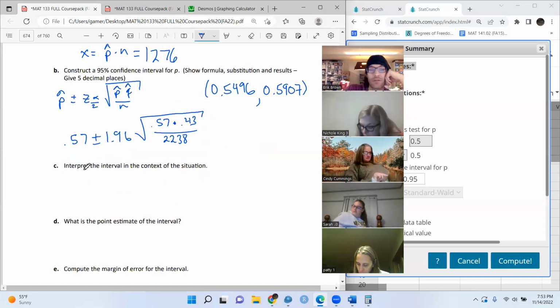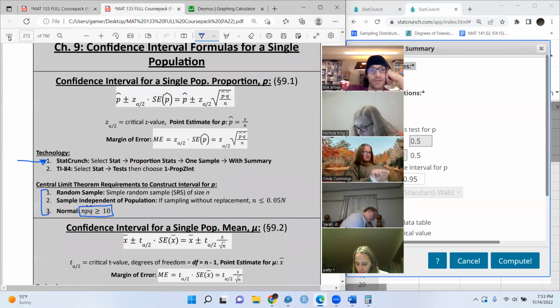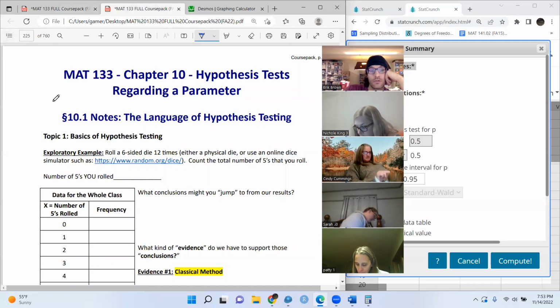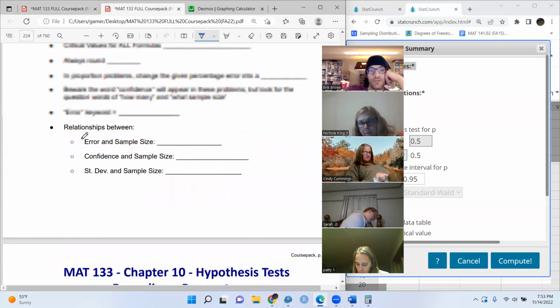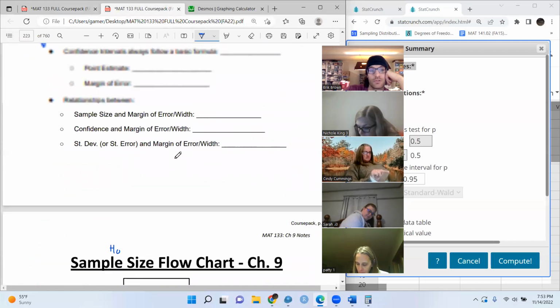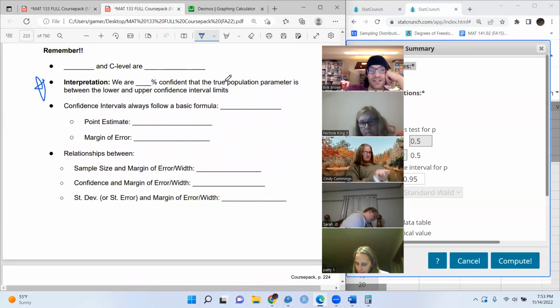I kind of remember everyone being good at interpreting. Are you all, or am I wrong? After seeing page 225, nope, 224, nope, 223, there's the sentence right there. All you have to do is insert the context for what the parameter is.